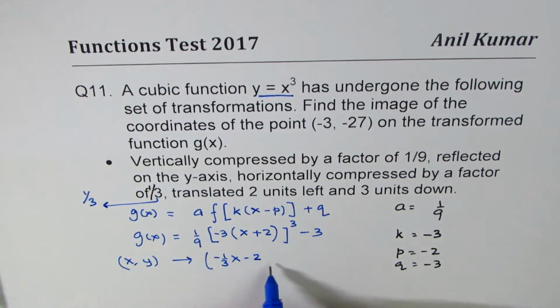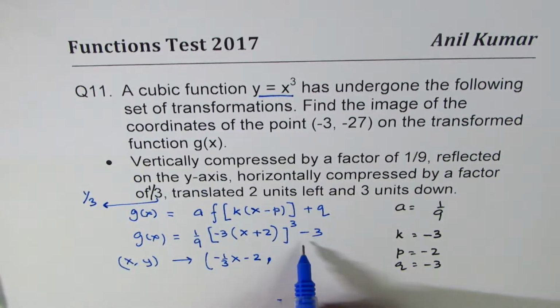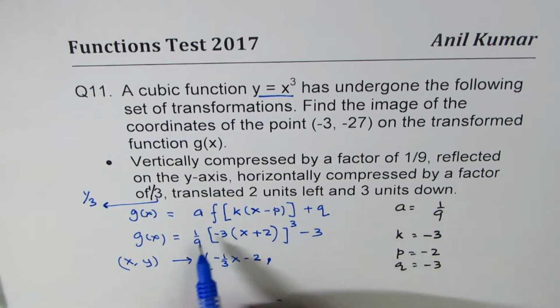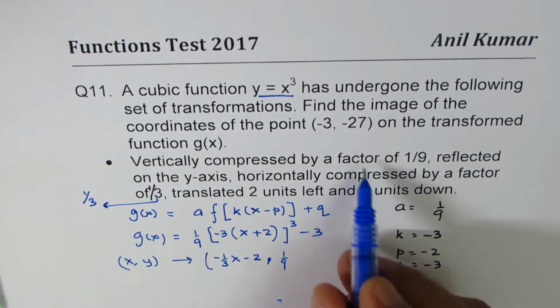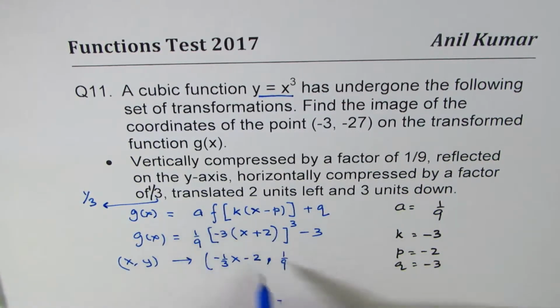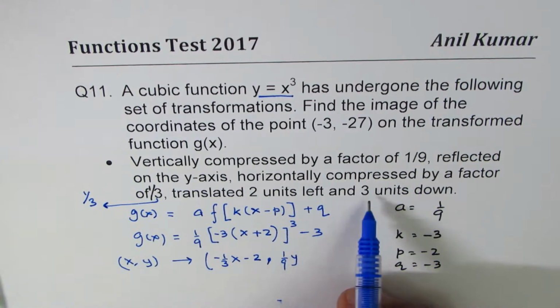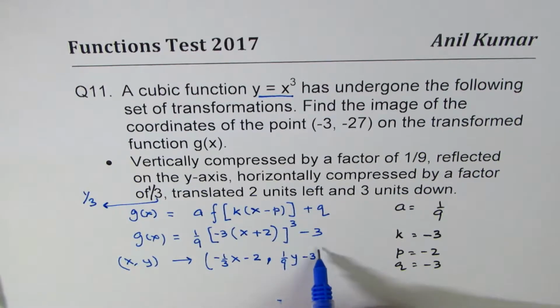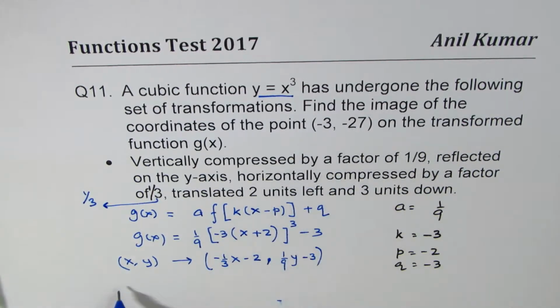That gives you the x coordinate. As far as the y coordinate is concerned, we are dividing it by 9, vertically compressed by 1 over 9. So the a value affects that. And 3 units down means minus 3. The point given to us is (-3, -27), so let's do the calculation with it.